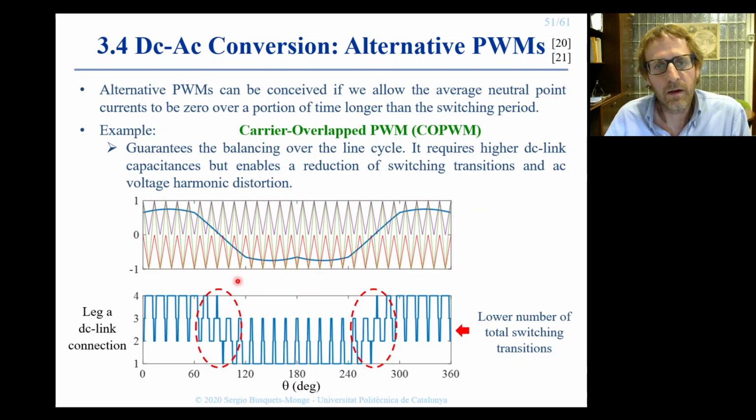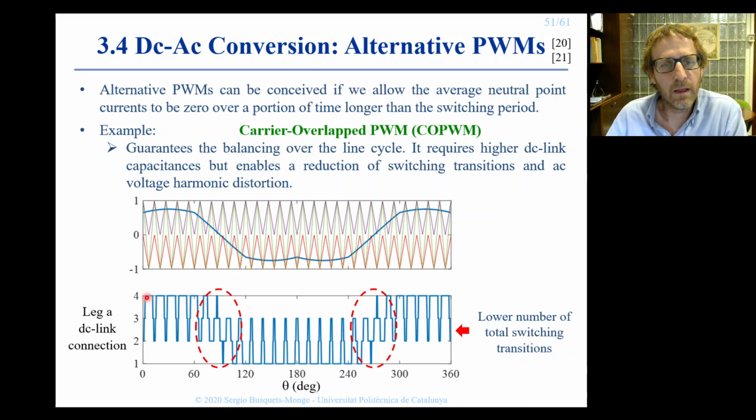The triangular carriers, 2 of them, the red one and the violet one, are level shifted, and the third one, in green, overlaps the other 2. The rule to apply this modulation is to count the number of carriers below the modulating waveform, and this will tell us to which point we need to connect the leg at each point in time.